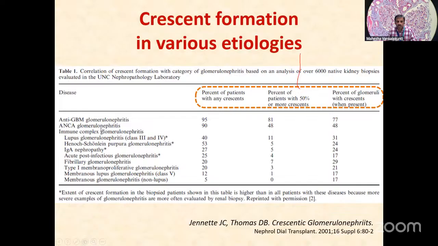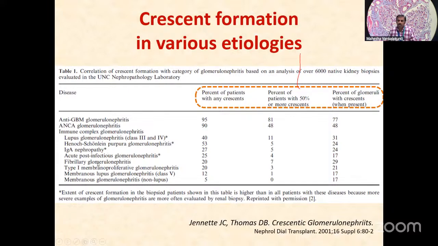One is the ANCA glomerulonephritis and the other is the anti-GBM glomerulonephritis. If you can see in the middle of this, the percentage of patients with 50% or more crescents, the bulk of it belongs to these two etiologies. And for the focal crescents, the bulk would be the immune-mediated etiologies.